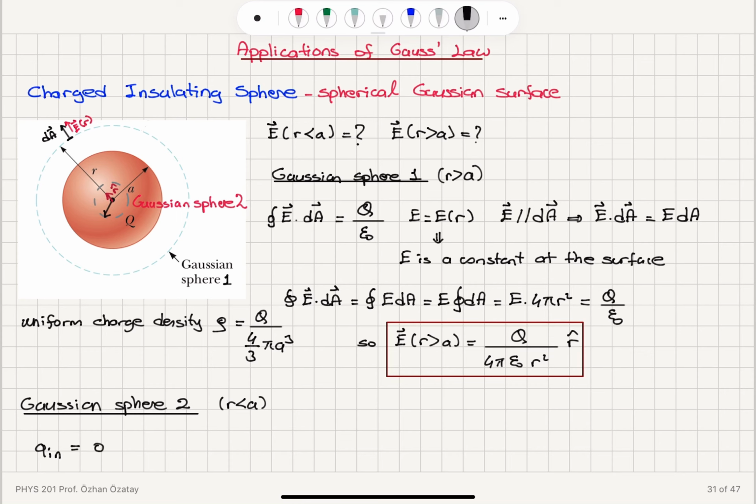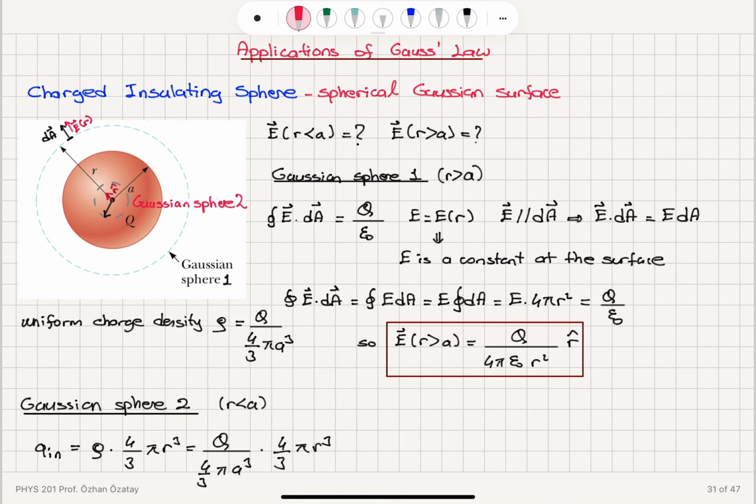That's the uniform charge density rho, charge per volume, times the volume of the sphere, 4/3 pi r cubed. The density is the total charge Q divided by 4/3 pi a cubed, multiplied by 4/3 pi r cubed.